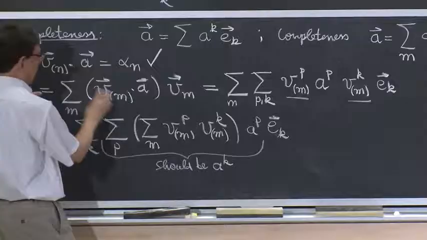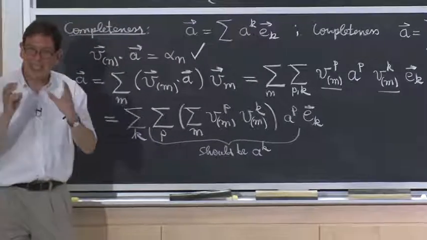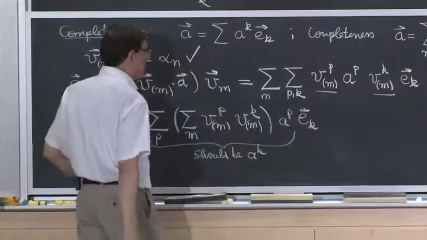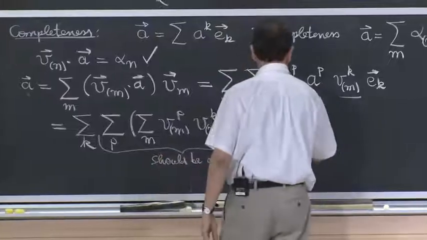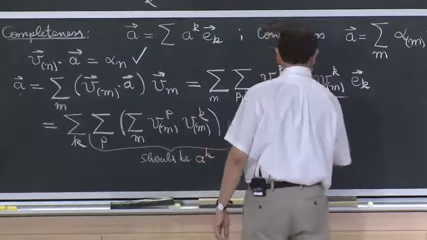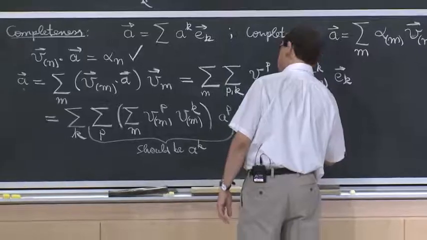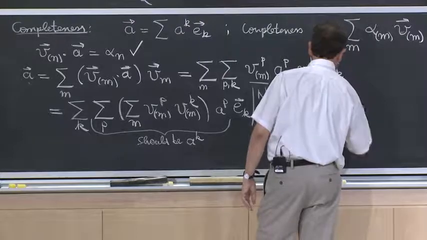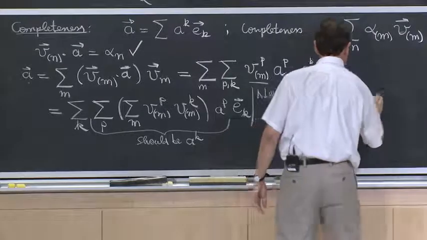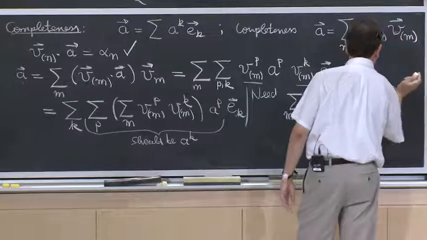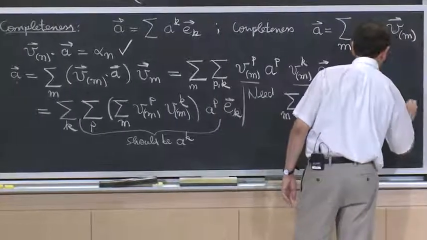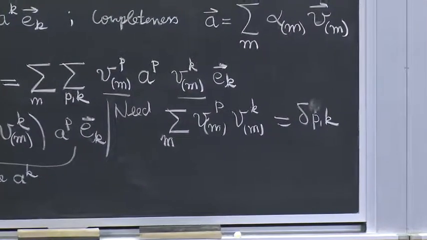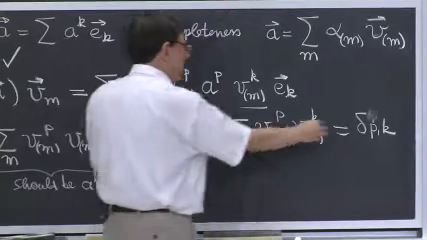So what this equation requires, that is the statement of completeness, is that this sum over m, v_mp v_mk, be equal to delta_pk. So we've turned the condition of completeness into a mathematical equation.